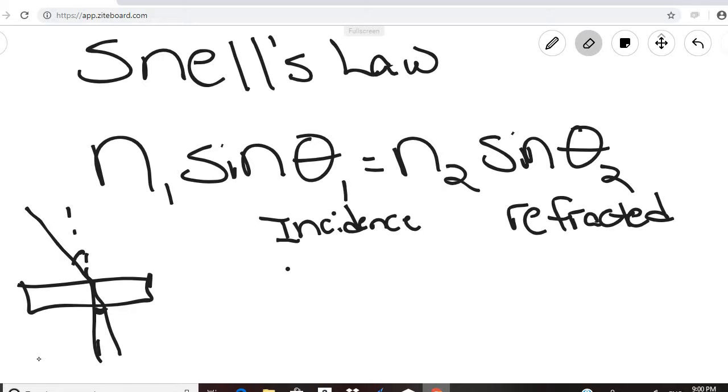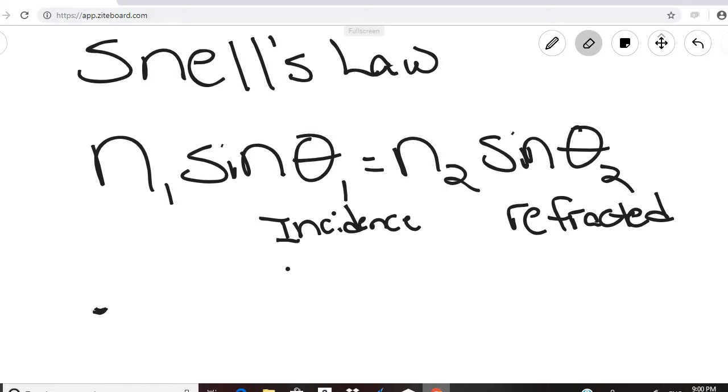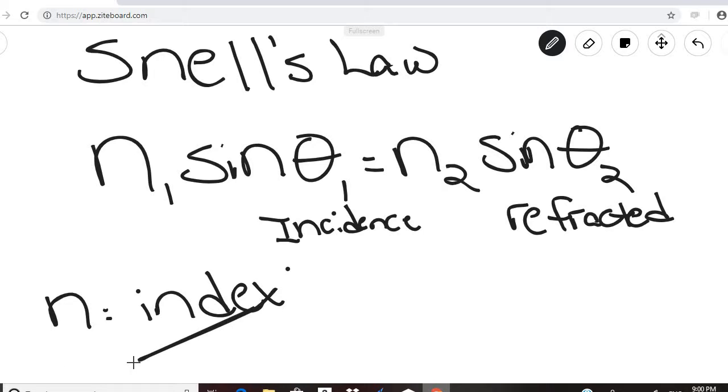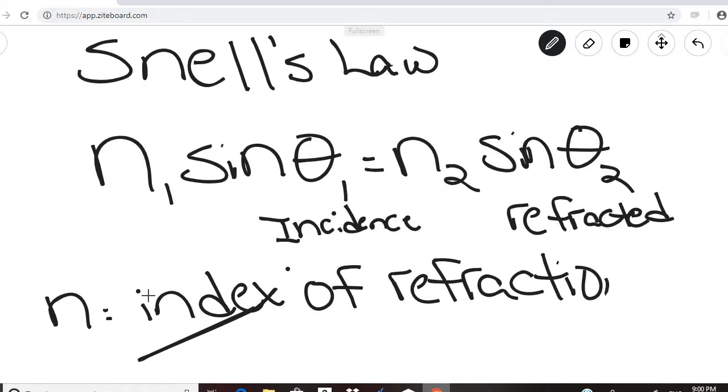Okay, so then what is n equal to? Well, n is the index of refraction. And the index of refraction depends on the medium that the light is going to be traveling through.